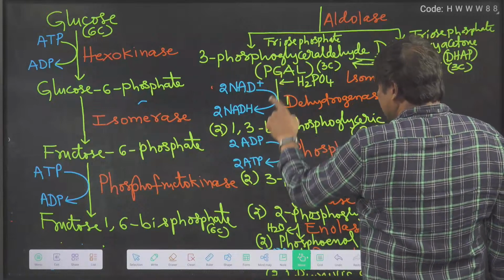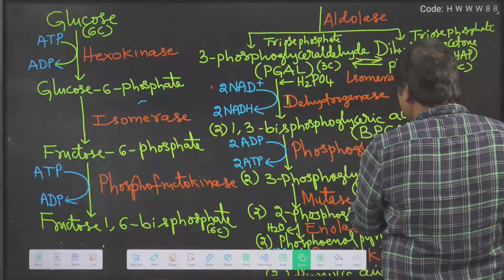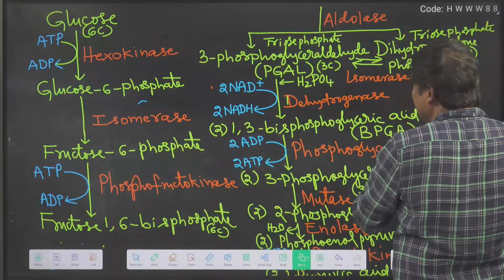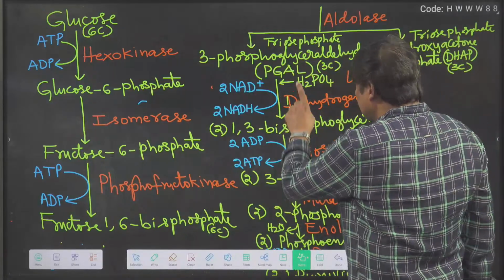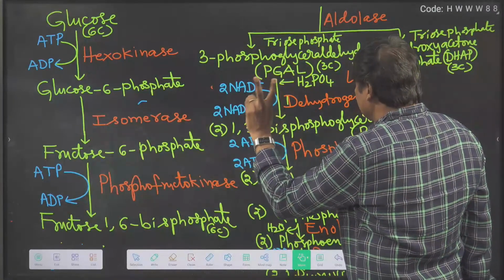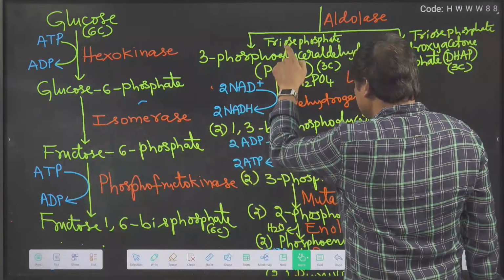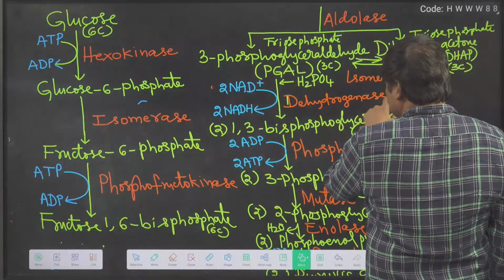This PGAL becomes 1,3-bis-PGA, simply called BPGA. This is an oxidation step. The product of oxidation is NADH. 2 NADH are formed in glycolysis in this reaction. This is catalyzed by an enzyme called dehydrogenase.